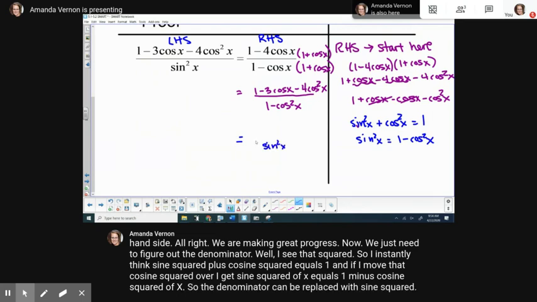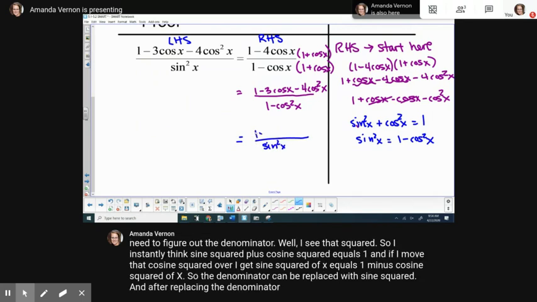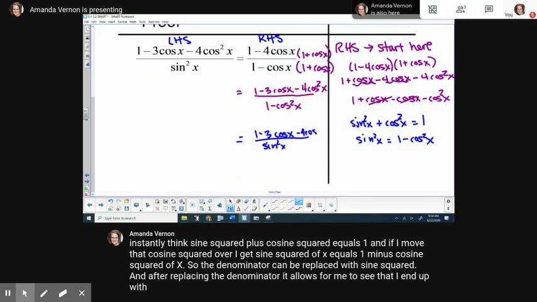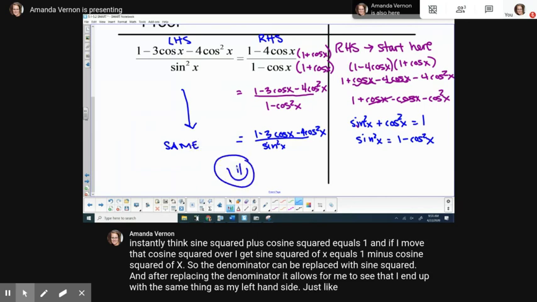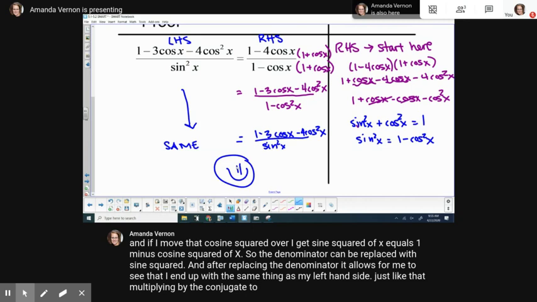And after replacing the denominator, it allows for me to see that I end up with the same thing as my left-hand side. Just like that, multiplying by the conjugate to the rescue.